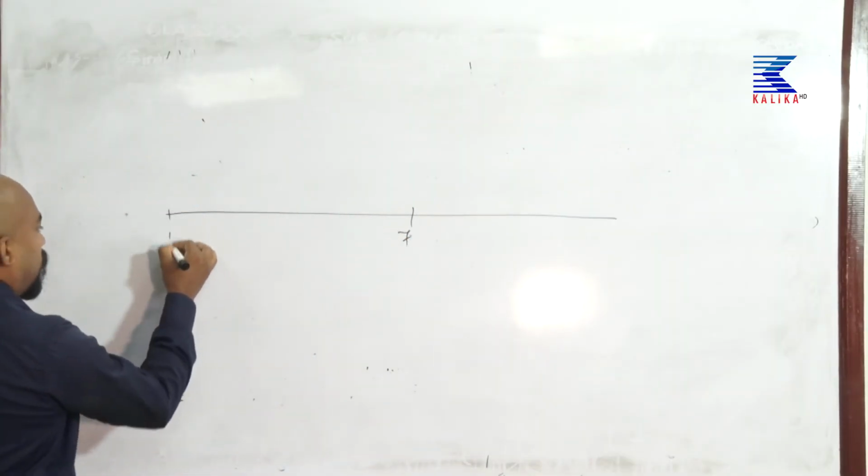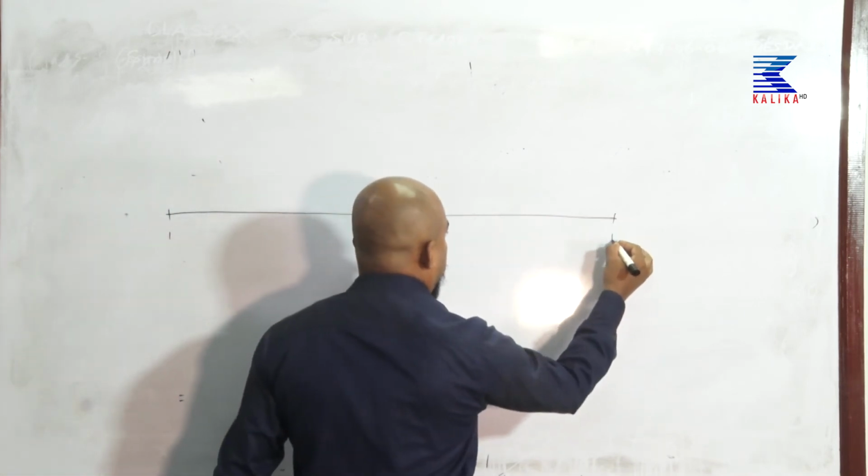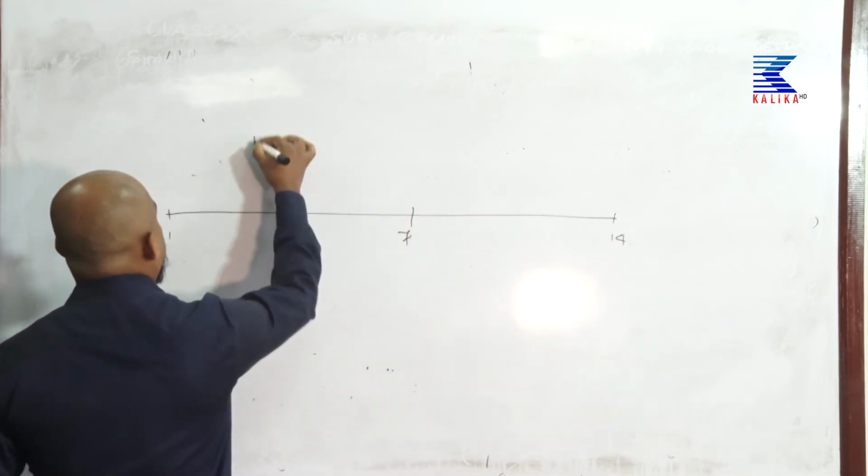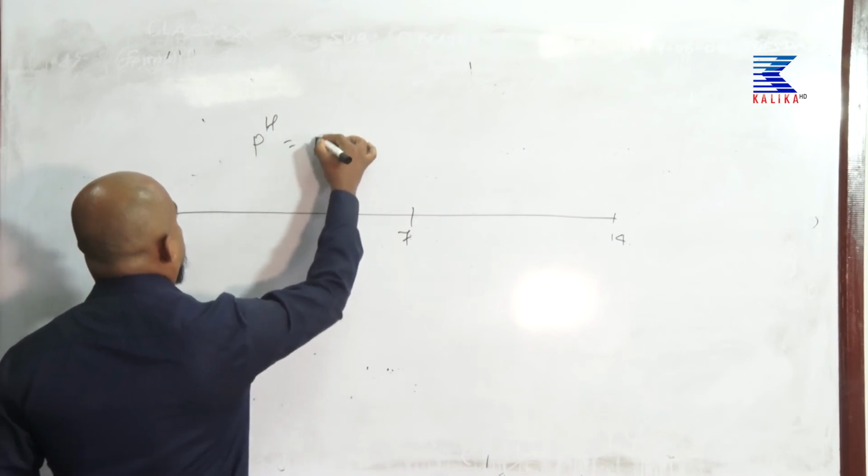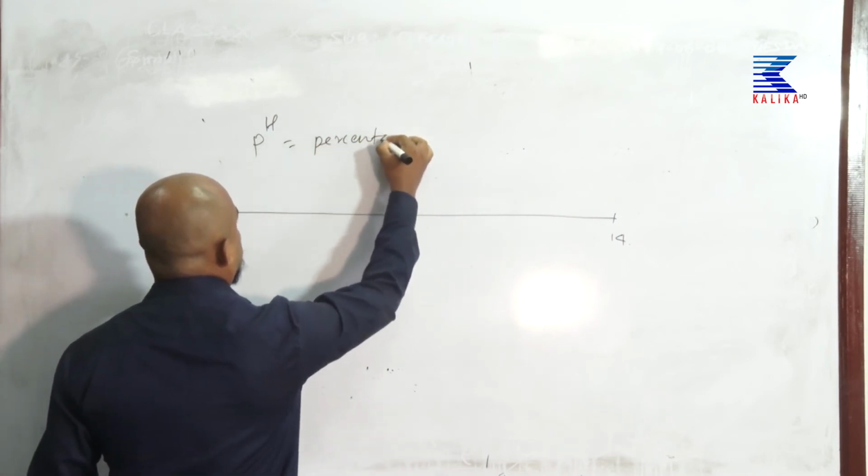Seven, 1 and 14, that is pH means percentage of hydrogen.